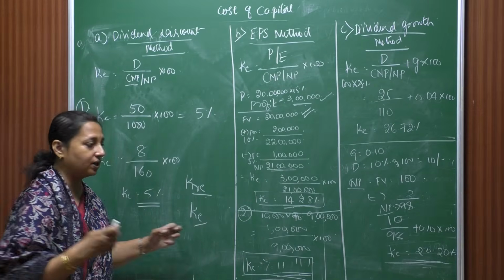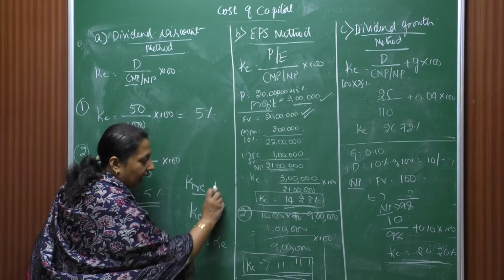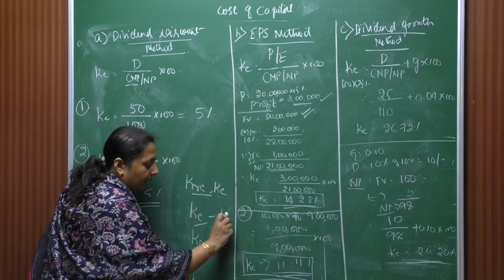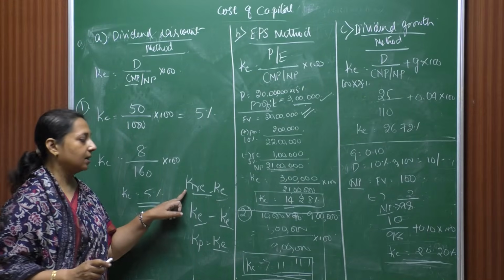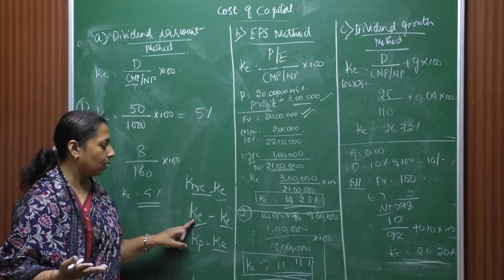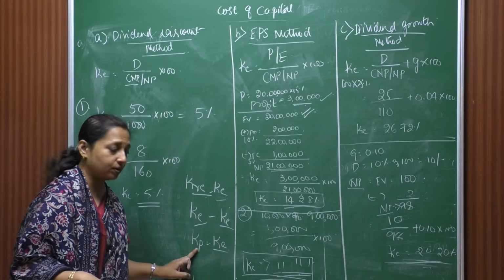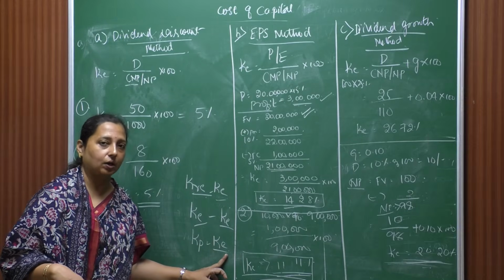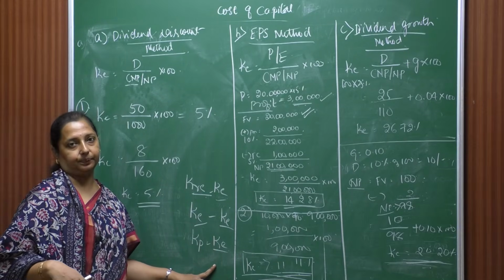If the cost of preference share is not given, KP is equal to KE, and KRE is equal to KE, which is also the cost of equity. That means the cost of retained earnings will also fall under equity, ordinary share will fall under equity, and cost of preference share will also fall under cost of equity. So all these three are KE itself.